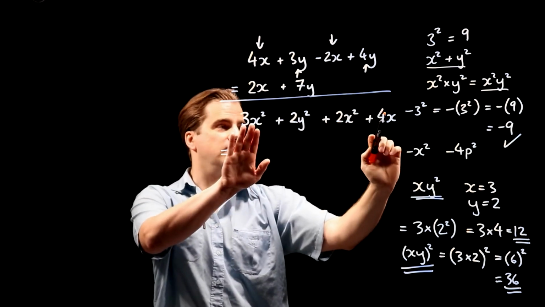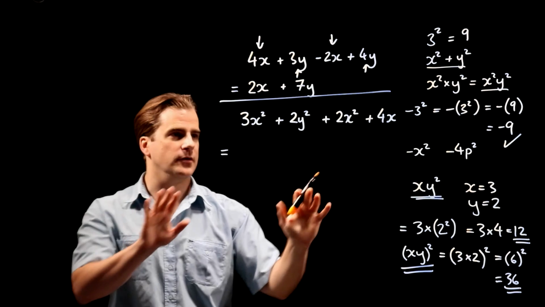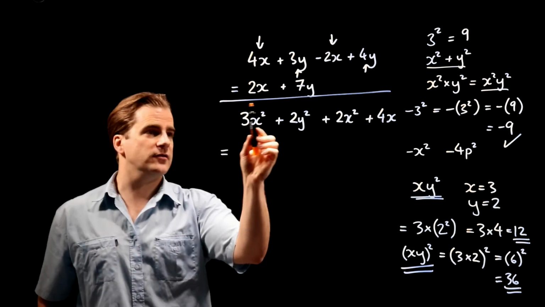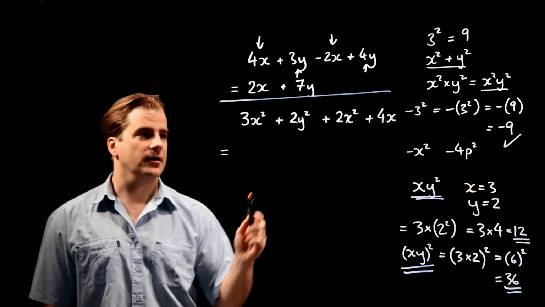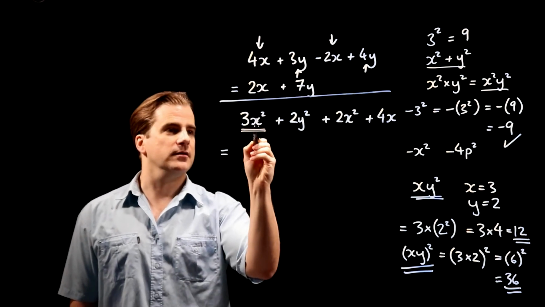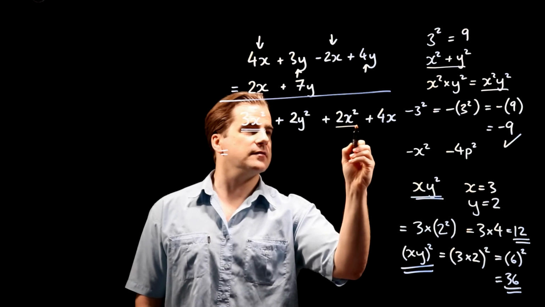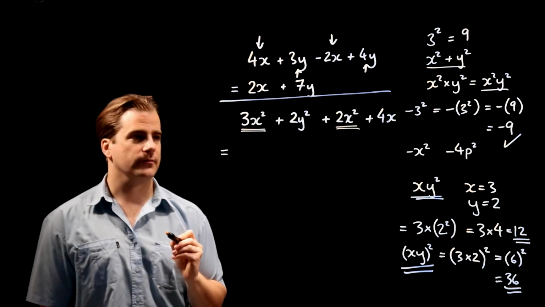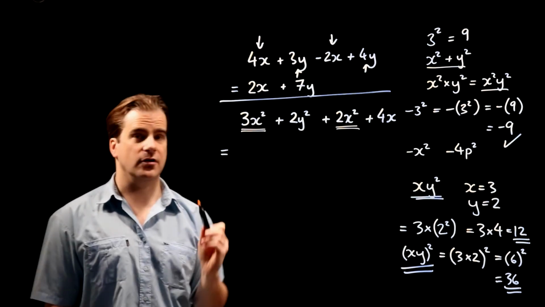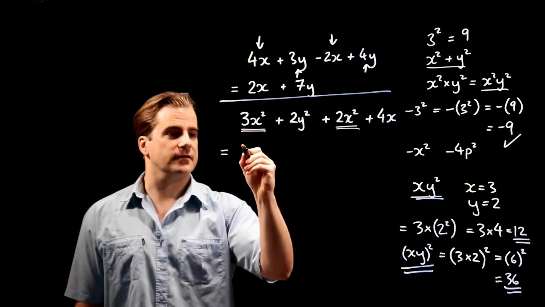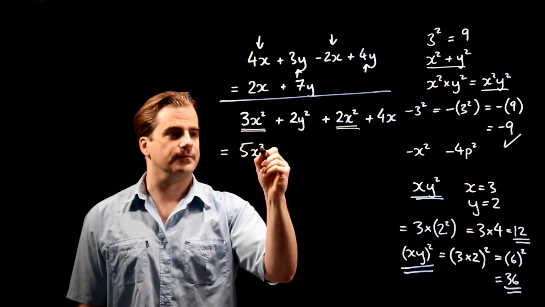Just those two terms together, you can't do anything with. The only term you can combine an x squared term with is other x squared terms. So it's going to be this one, and this is the only other x squared term. So we're going to combine those two. So 3x squared plus 2x squared is 5x squared.